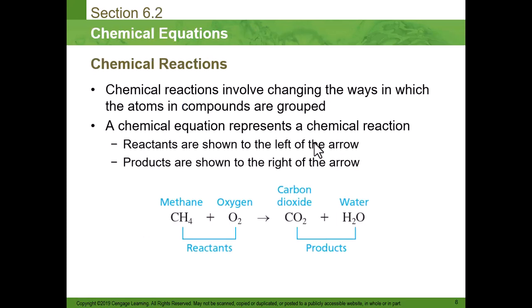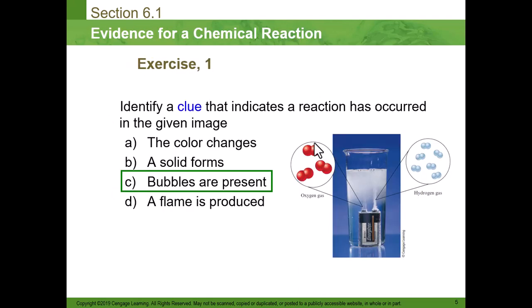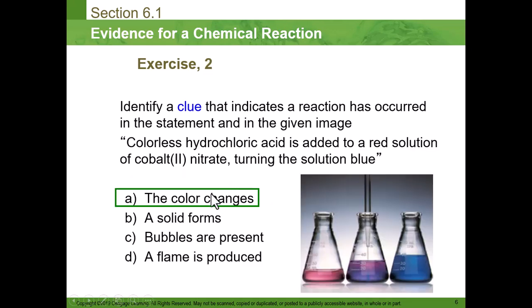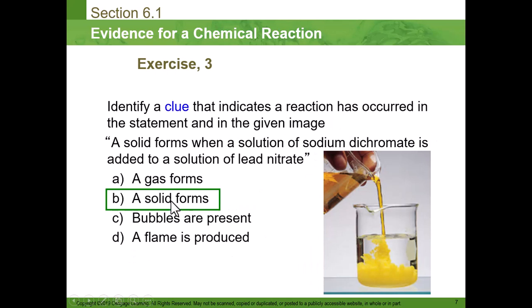Thus far, some of the reactions we looked at can tell us there is a chemical reaction by the presence of bubbles. In the second one, there was a color change, and in this one a solid was formed. We haven't yet dealt with a reaction where a flame is produced, but that's fine.